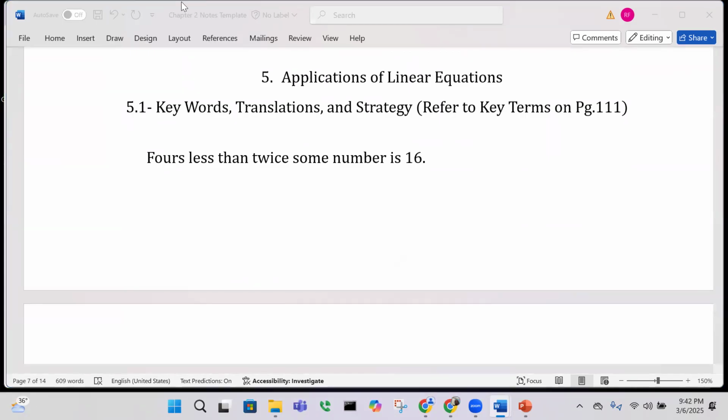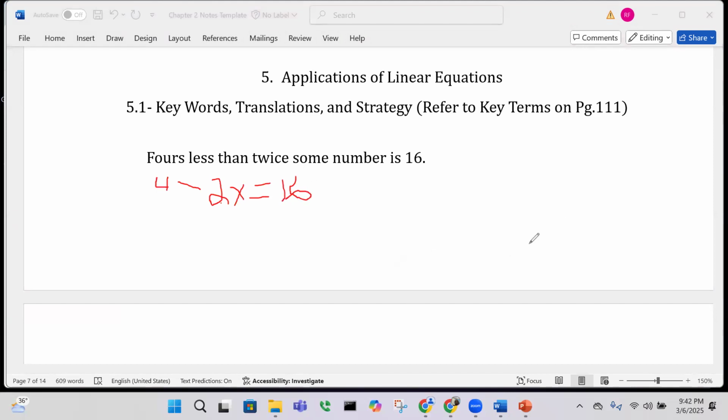You have to kind of decipher "4 or less." They like to use that a lot because it's the one that people have trouble with the most. With "4 or less," people want to say 4 minus something. "4 less than twice some number is 16." It's almost right, but it's wrong.